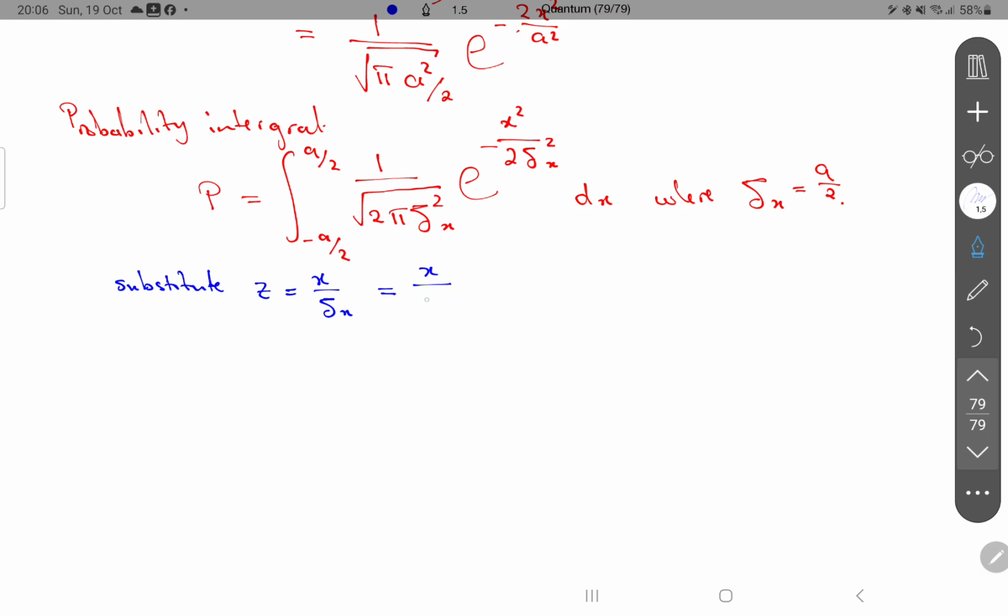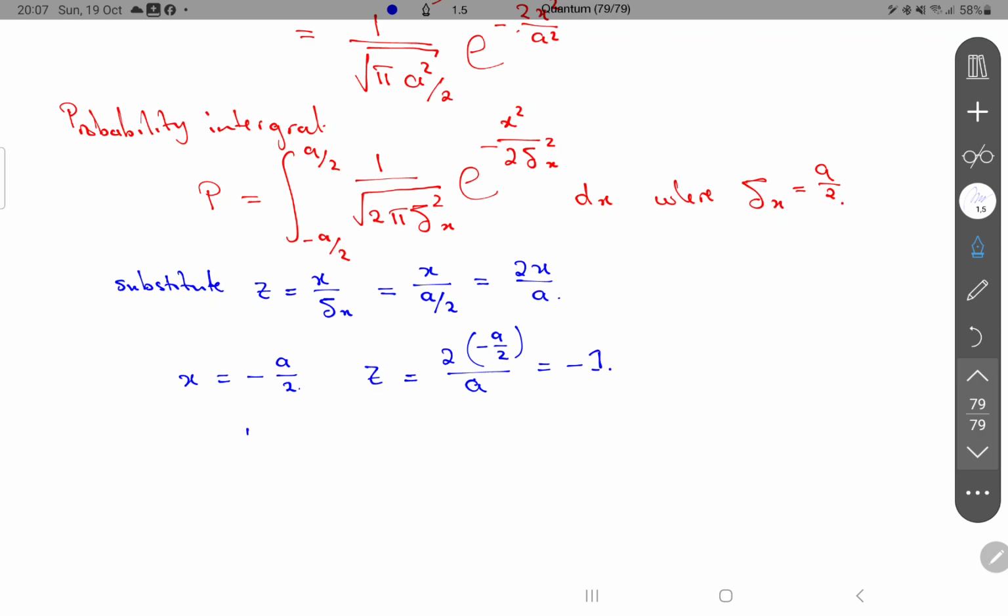Remember, sigma is actually a over 2, so that will give you z equals 2x over a, where now our x is equal to negative a over 2 and our z is equal to 2 times negative a over 2, over a. That will give you negative 1.